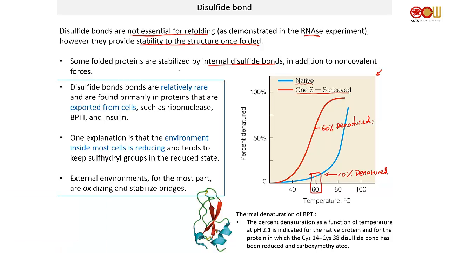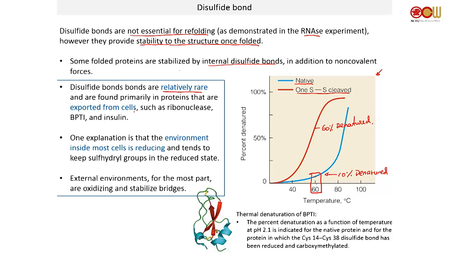Now, a couple things about disulfide bonds. Turns out disulfide bonds are relatively rare and are found primarily in proteins that are exported from the cells, such as your RNase, insulin, and other proteins that are meant to do cell-cell talk. They're exported.